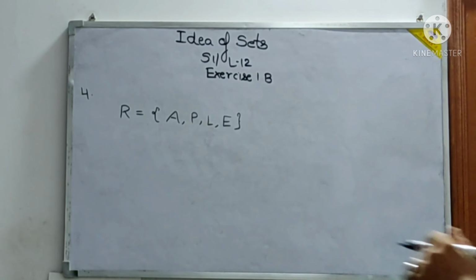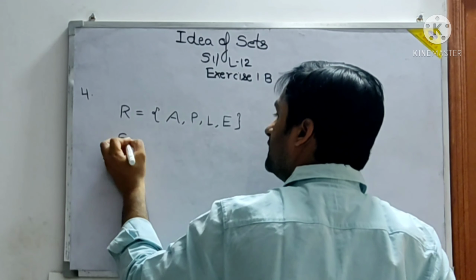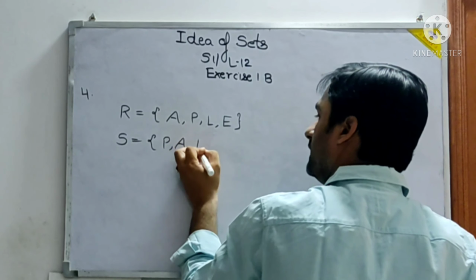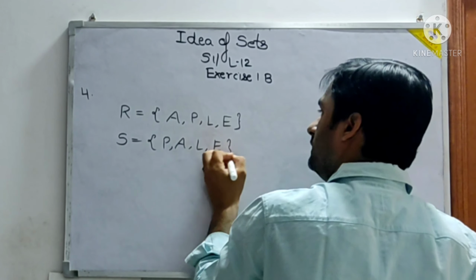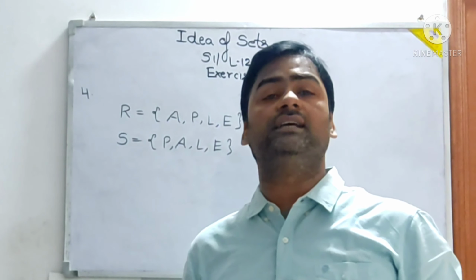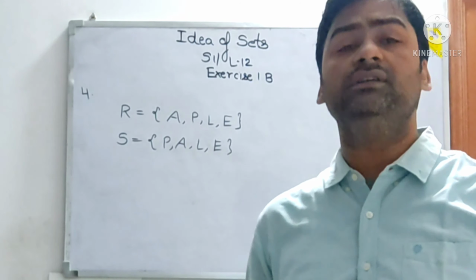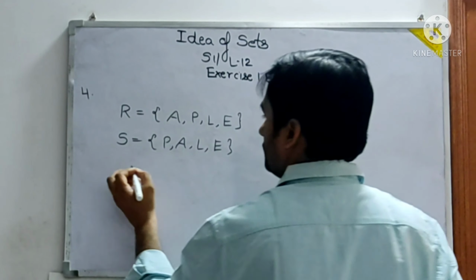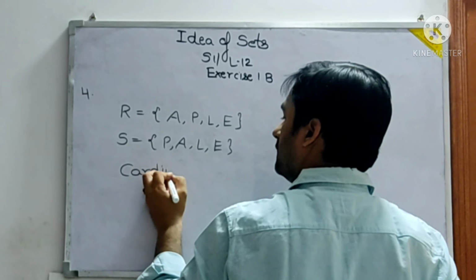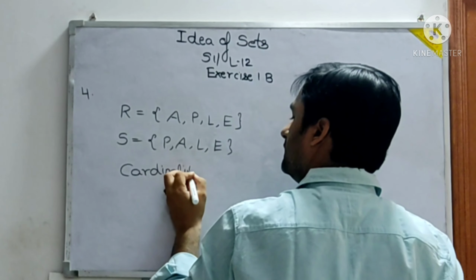Now this you have to clearly state also children. S equal to letters of the word pale. So set S will be P, A, L, E. Then what are you saying? Find the cardinality. Children, the word cardinality means cardinal number.